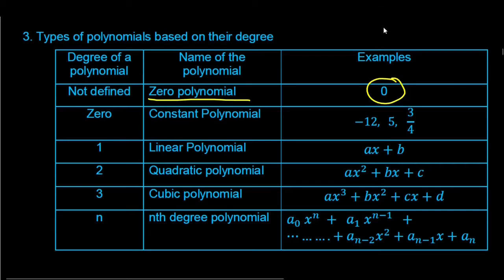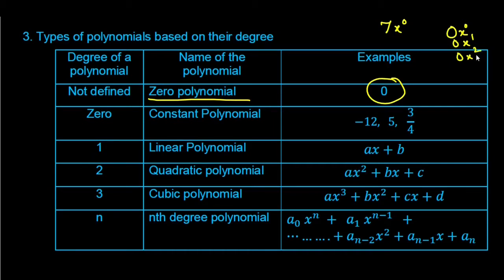For constants, say 7, we are able to write it as 7 into x power 0. So the degree of 7 is 0. Degree of a constant polynomial is 0. But what about 0? 0 can be written as 0 into x power 0, 0 into x power 1, 0 into x power 2.